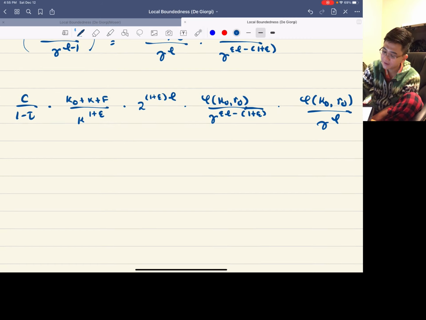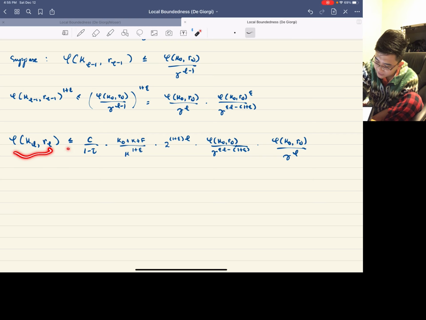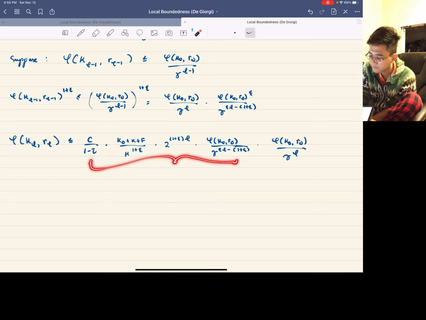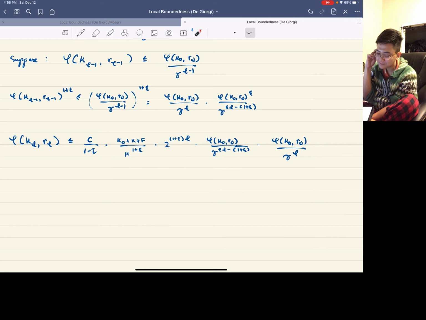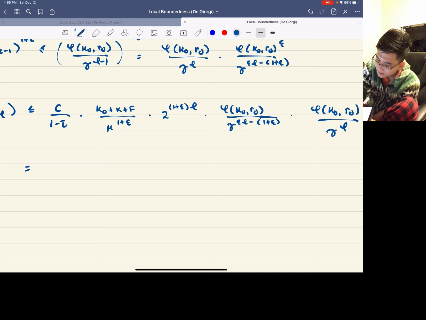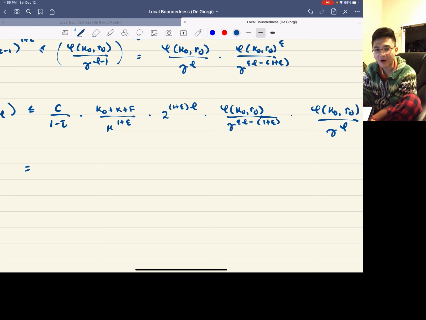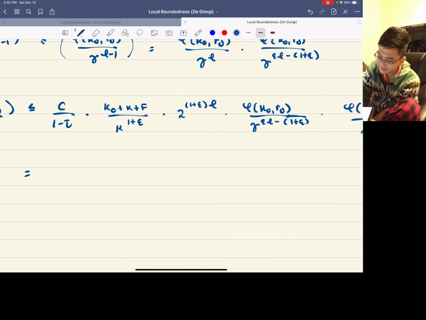So again, what's the goal? The goal is to show that this is less than or equal to this. So we need to show that there is some choice of gamma and also K such that this is less than 1. I'm going to write this as C to the gamma 1 plus epsilon over 1 minus tau.